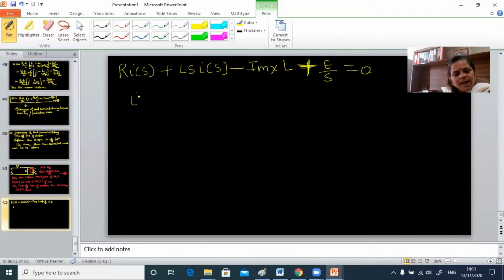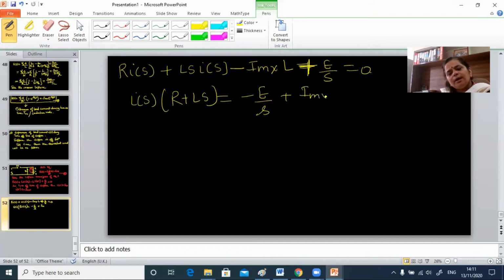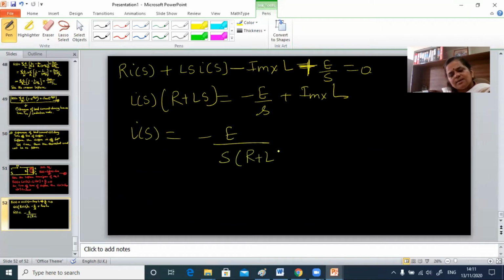Now I can take I(s) common, so here I will get R plus LS, and here I will take minus E by S plus I max L. Now I(s) is equal to minus E by S (R plus LS) plus I max L upon R plus LS.